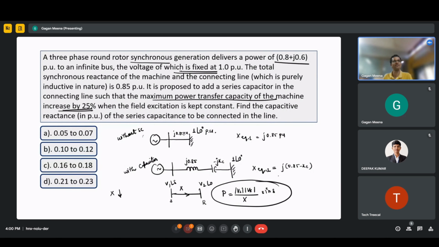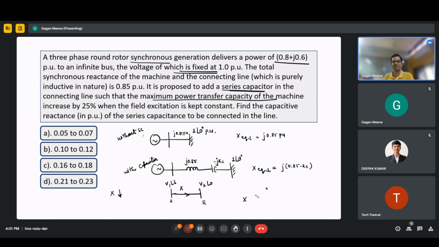Have you seen this before? Yes, sir. No. So here in the second case, X is reducing, so overall power transfer capability is increasing. That is why by using the series capacitor we want to increase the transfer capacity by 25%.